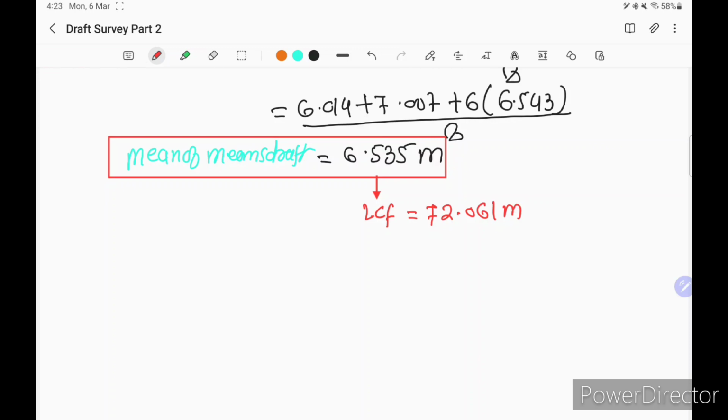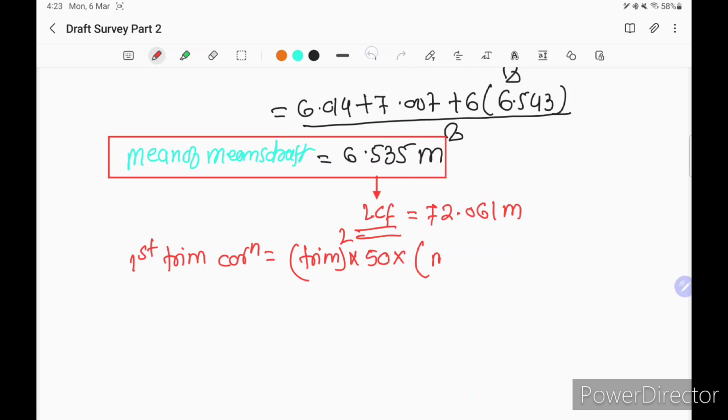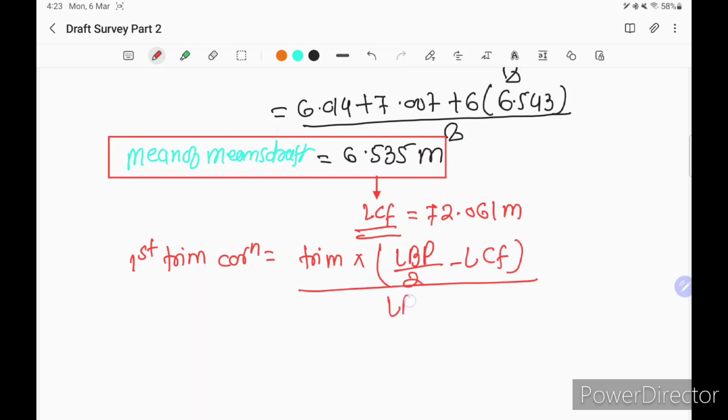Now we'll apply this LCF in the first trim correction. The formula is trim square into 50 divided by trim into LBP, divided by 2 minus LCF divided by LBP.